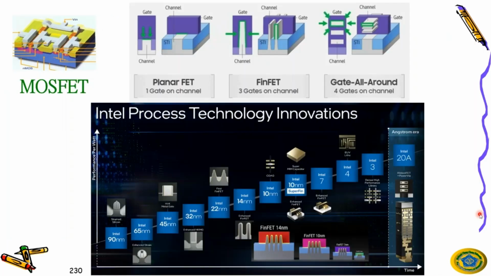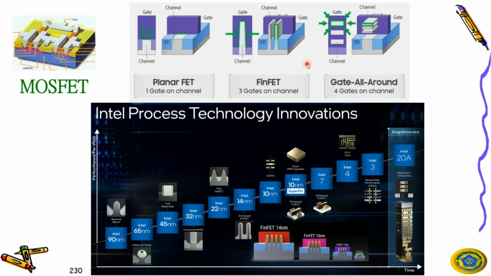So this is a roadmap for Intel's process technology. From MOSFET, this is called metal oxide semiconductor field effect transistor. It became planar FET. Planar FET looks like this, and now it's FinFET. TSMC uses this technology. Samsung uses this technology, gate all around.